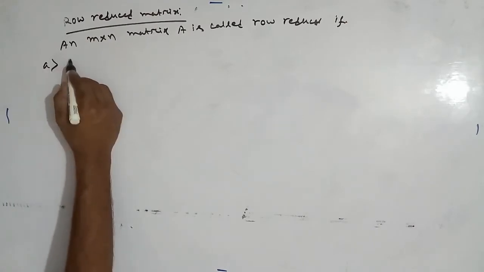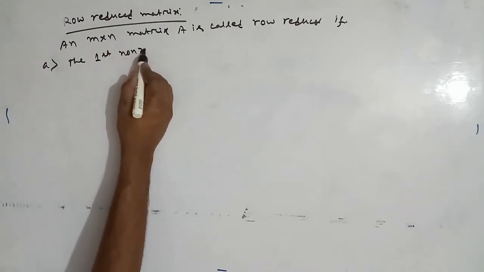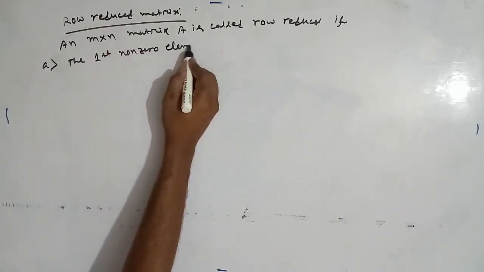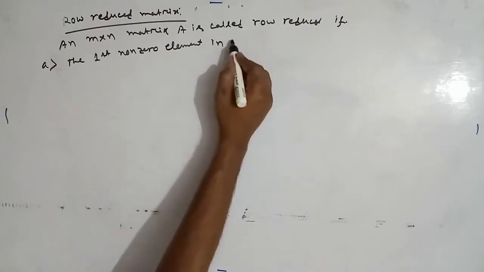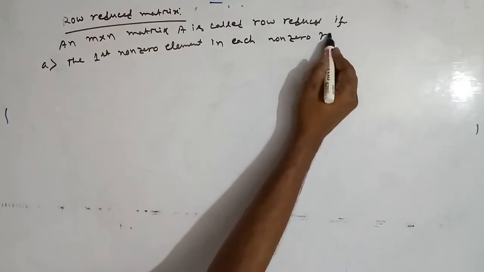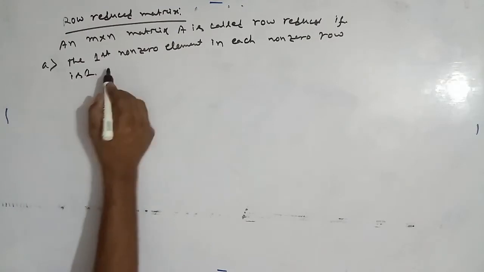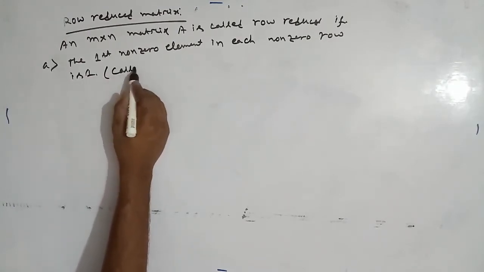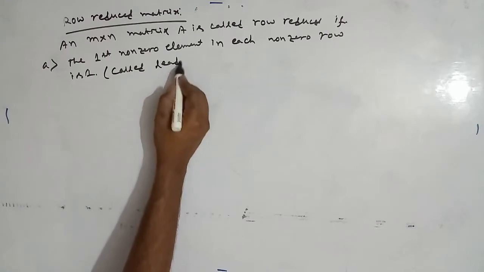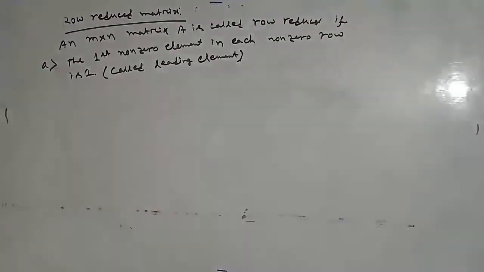First condition: the first non-zero element in each non-zero row is 1. This element is called the leading element. This leading element of each row will be 1. Leading element means the first non-zero element of each non-zero row.